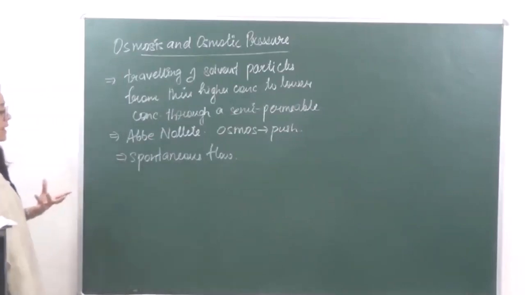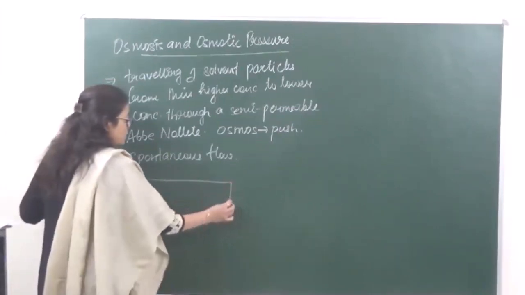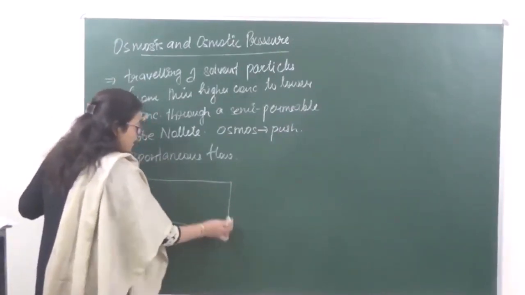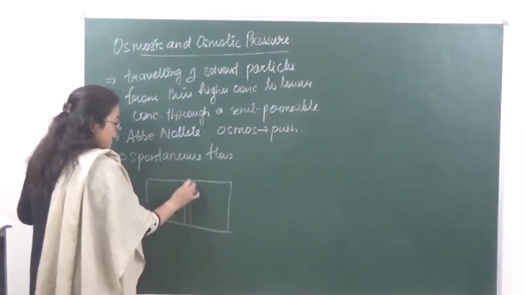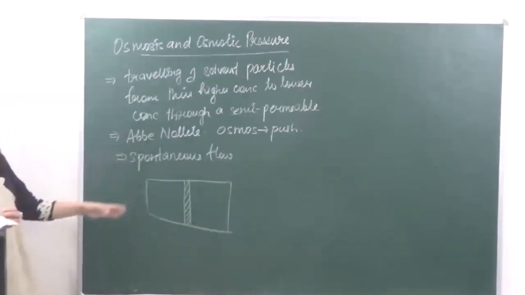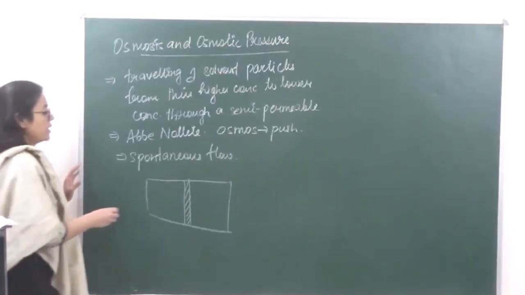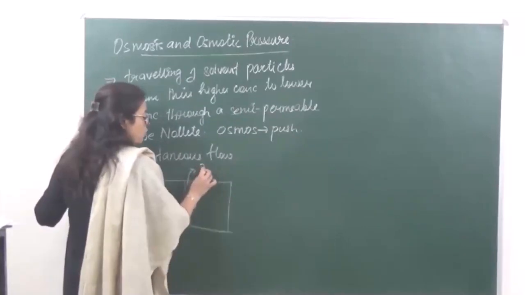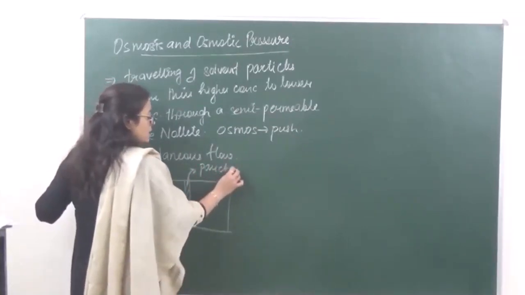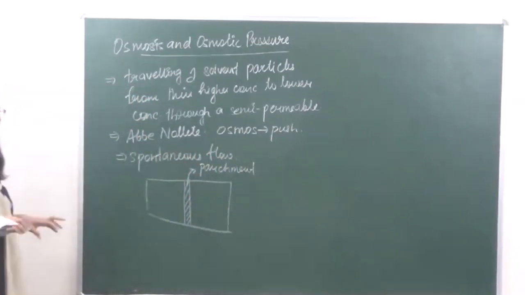Now to explain the process of osmosis, we can take any container. Let's say we have taken this container and we have a partition of a semi-permeable membrane over here. This semi-permeable membrane is also known as parchment membrane, selectively permeable membrane.